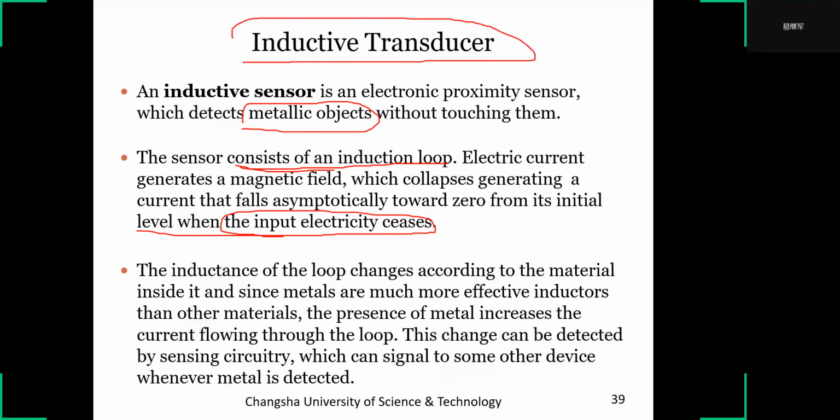So if some other metal object approaches the inductive sensor, the inductance can be changed. The changed inductance will affect the current or voltage.